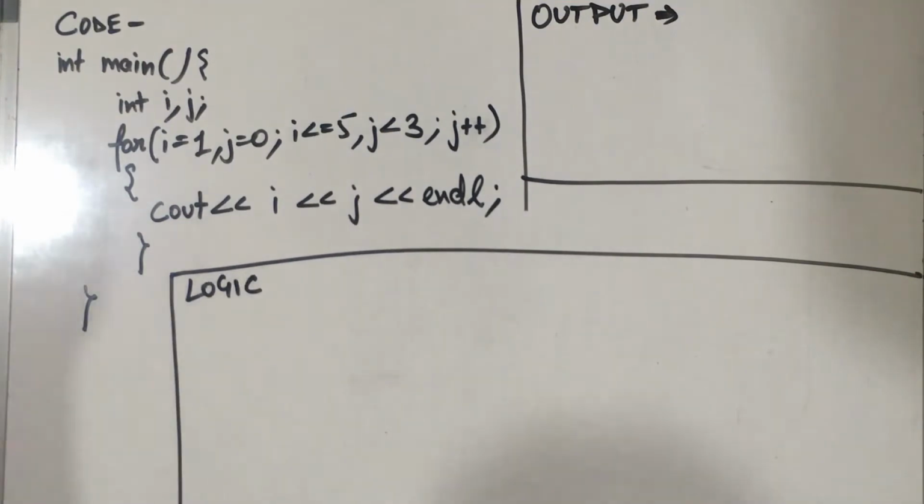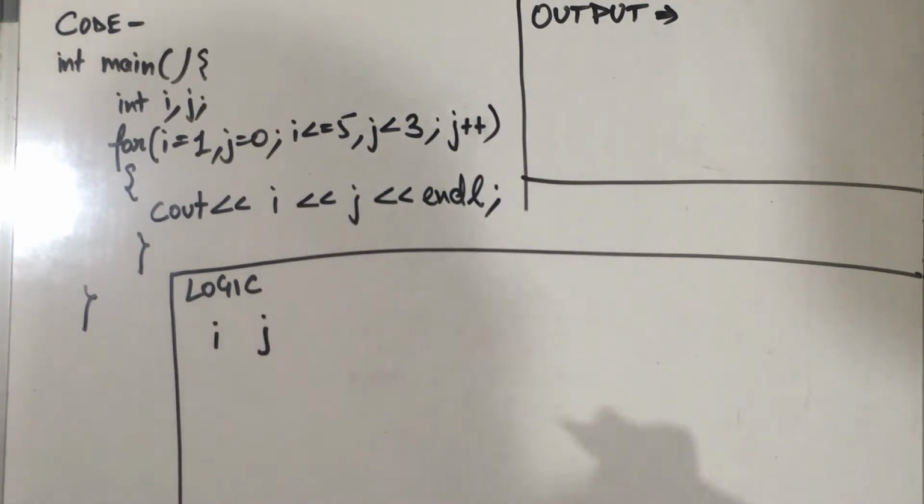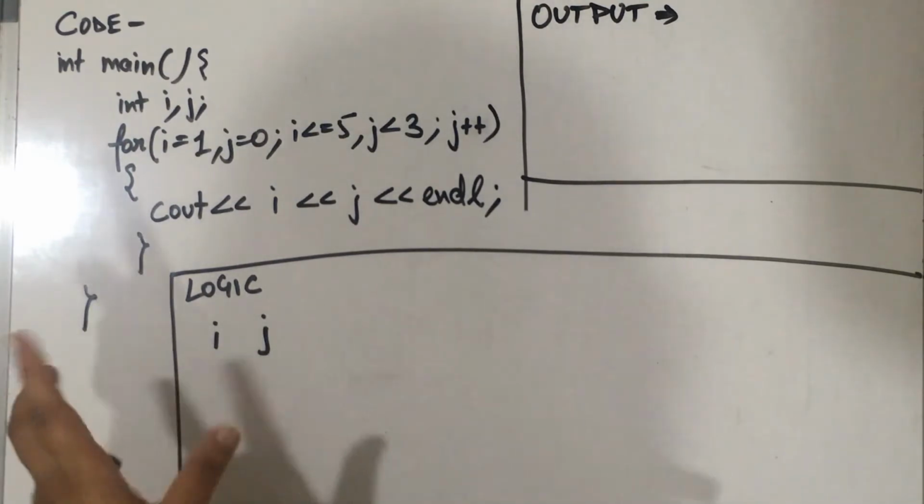Sometimes it's a table, sometimes it's not. First of all, we have integers i and j stored in the memory.